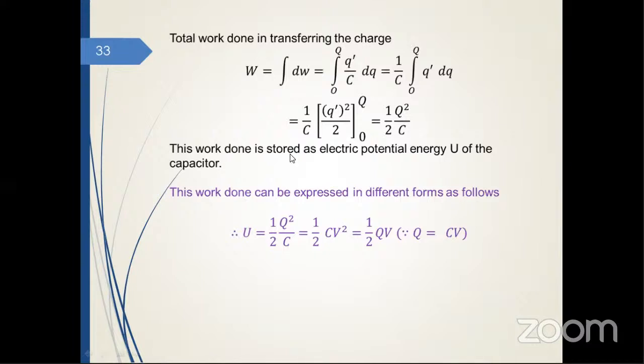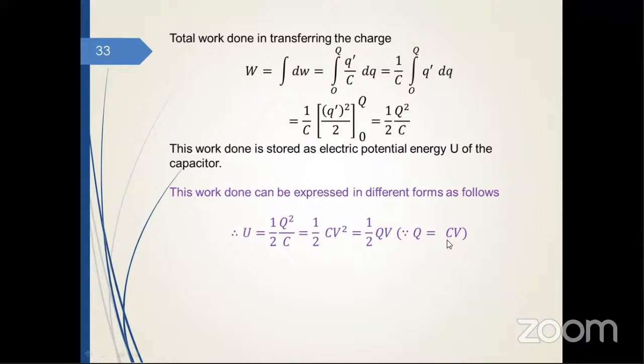And the total work is stored as the electrical potential energy U of the capacitor. In this way, this total work done can be expressed in different forms as follows. U is equal to, this is the basic equation we obtain here, 1/2 Q square divided by C. Now using Q is equal to CV, we obtain C square V square, C and C get cancelled, therefore 1/2 CV square.